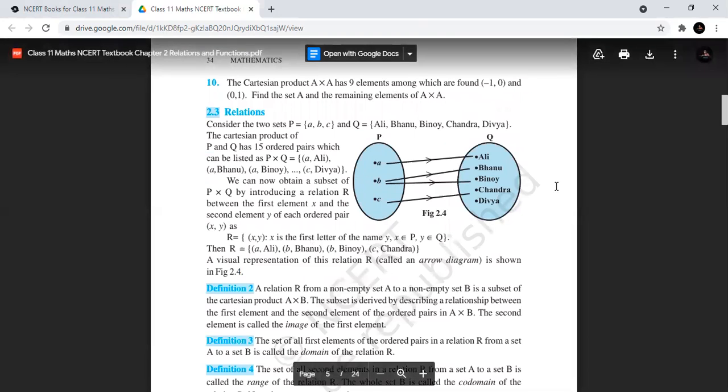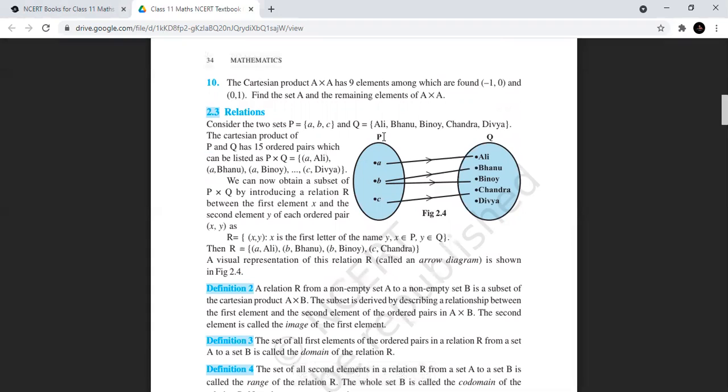Here is an arrow diagram for a relationship where P is our domain having elements. This is a diagrammatic or Venn diagram representation of set P, our domain, having entries A, B, and C. Set Q here is the codomain, and it has entries Ali, Bhanu, Binoy, Chandra, and Divya.